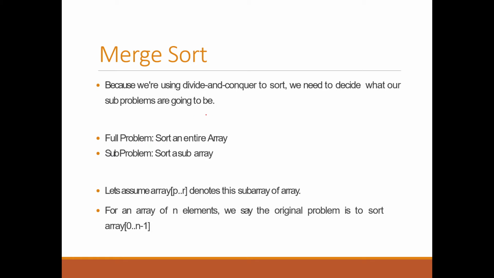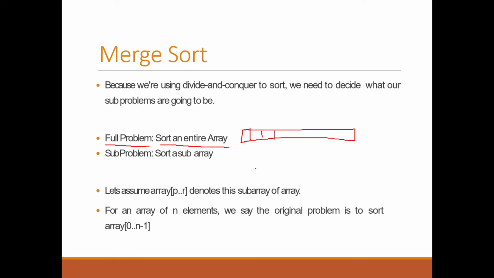So since we are using this divide and conquer technique, we need to know what is our larger problem and what will be our sub-problems that we will be designing. So what is the entire problem for us? Since it is a sorting algorithm, we intend to sort whatever is the input array. So it may be a large input array and we wish to sort the elements in this array.